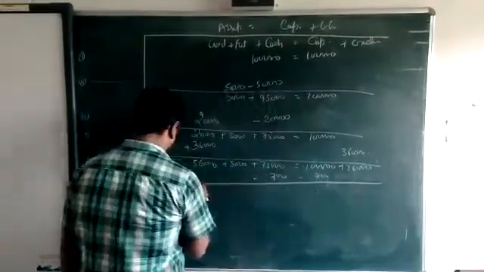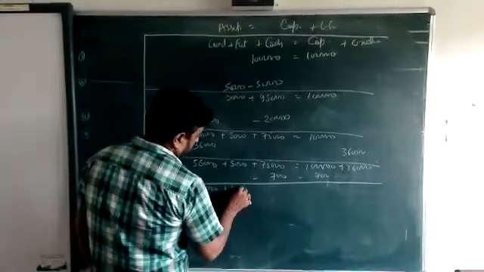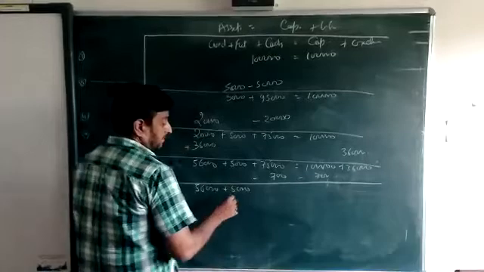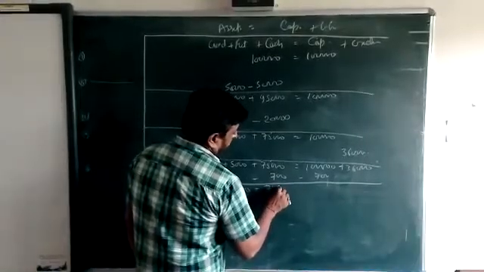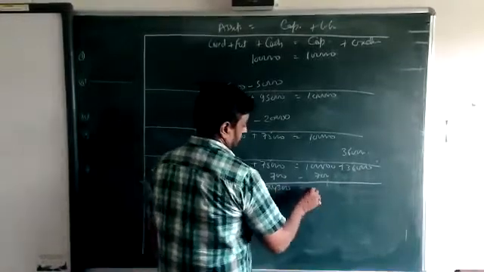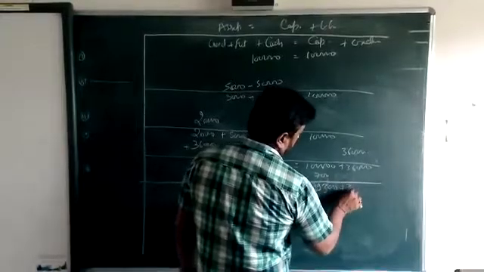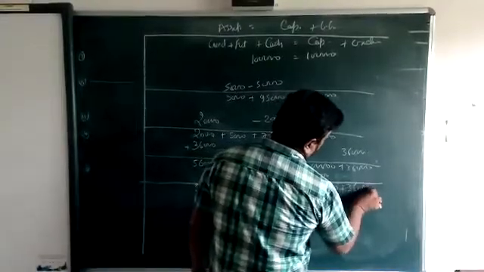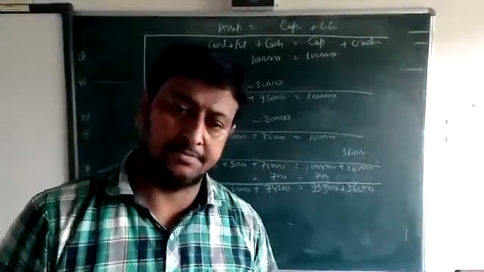Then finalize: goods 56,000, furniture 5,000, cash 74,300, capital 99,300, creditor 36,000. Okay, clear?